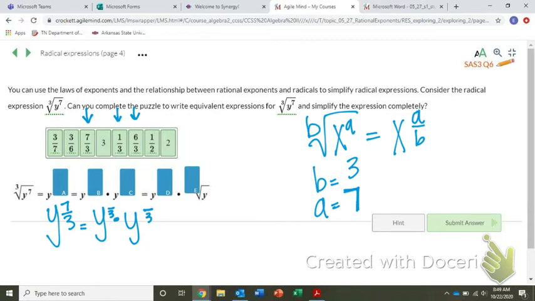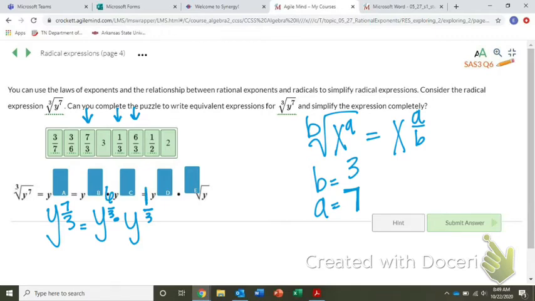So out of those three answers, what adds up to 7? Does 7 and 1 add up to 7? No. Does 7 and 6 add up to 7? No. Does 1 and 6? Yes. So we have a 6/3 and a 1/3.